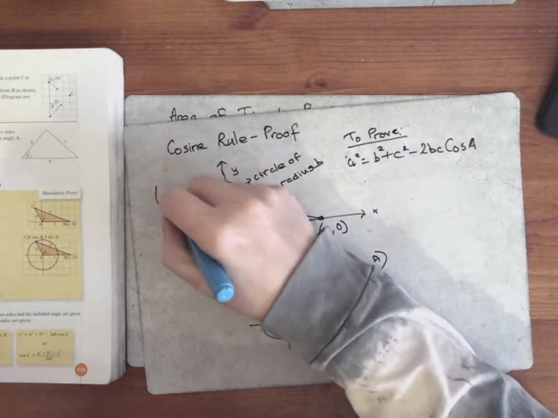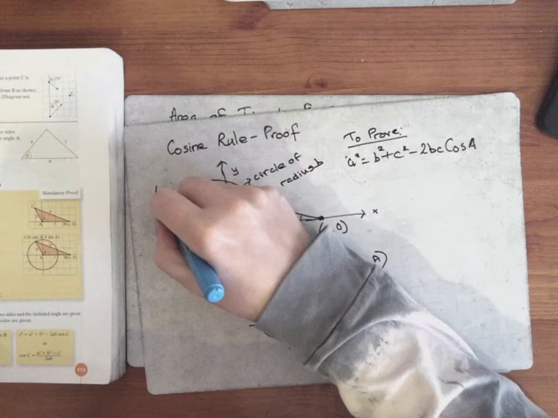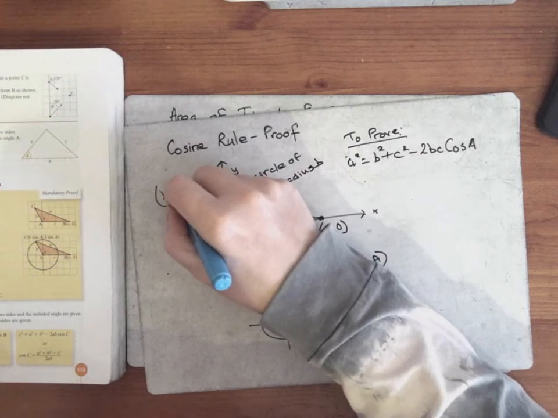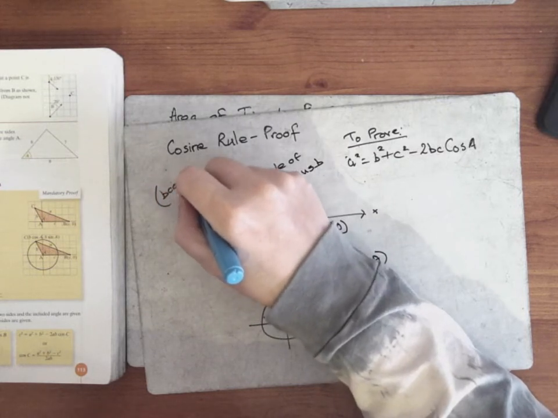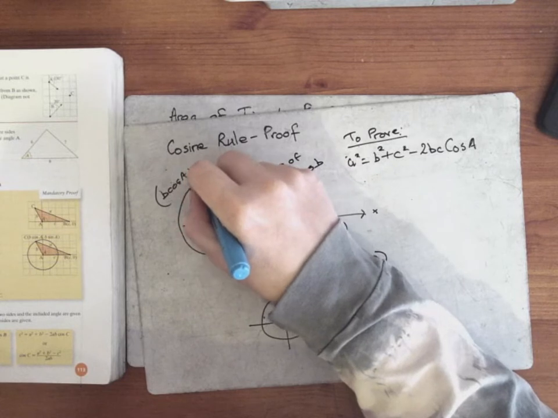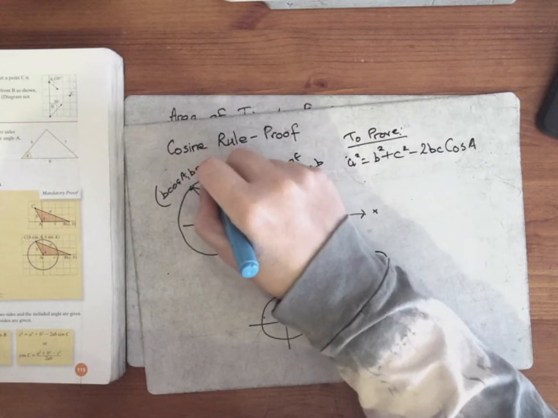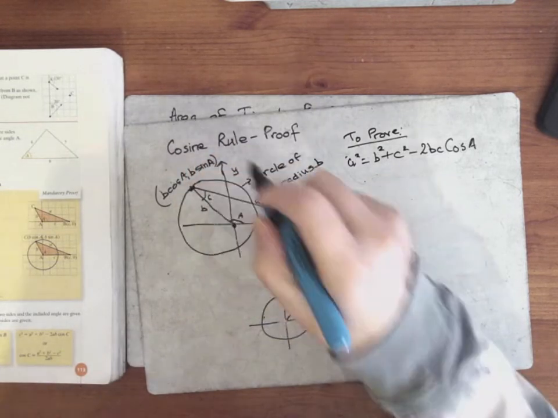So over here, the coordinates at this point would be b cos A, b sin A.